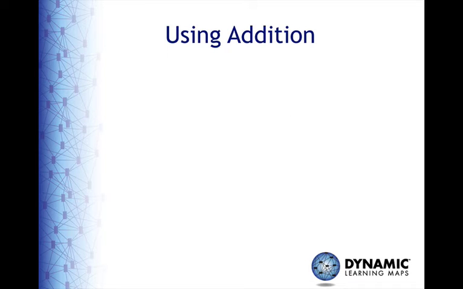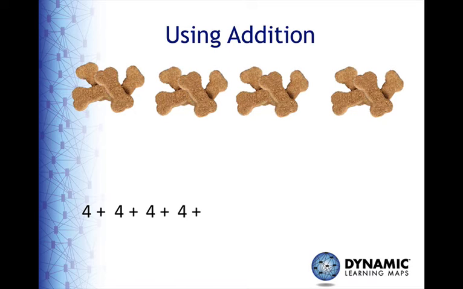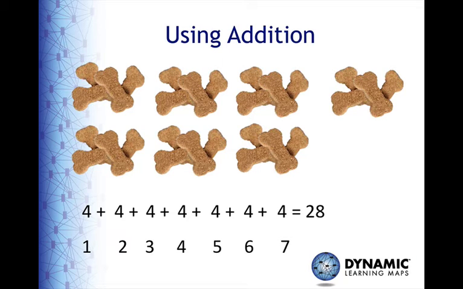They can use representations to help them keep track of the number of repeated additions they make and repeatedly add 4 until they get to 28. 4 and 4 more is 8. 8 and 4 more is 12. 12 and 4 more is 16, and so on. Then students will count the number of times they added 4. So Cammie will have 7 days of treats.